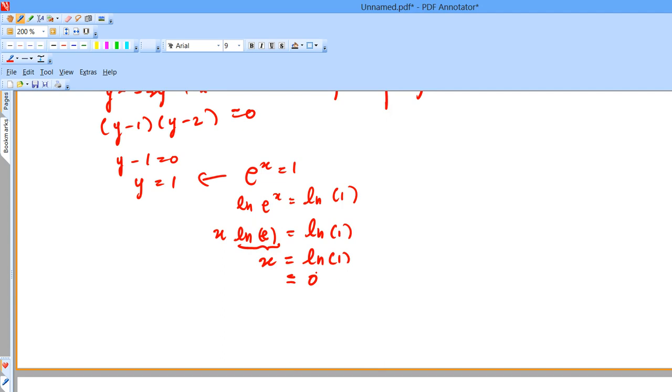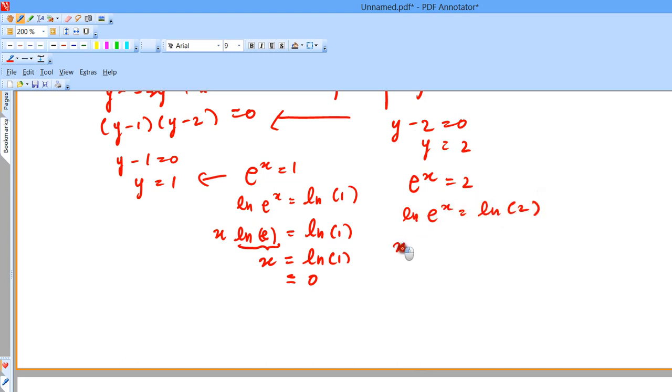And then for the second bracket, we have y minus 2 equal to 0, y equals 2, and y actually equals e power of x, so e power of x equals 2. Apply ln on both sides, we get ln e power of x equal to ln 2, x ln e equal to ln 2, so x equals ln 2, or in decimal, 0.693.